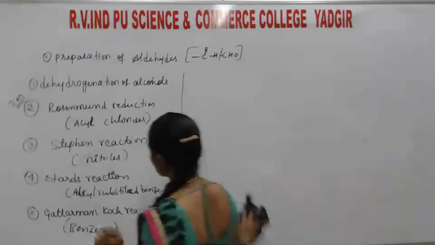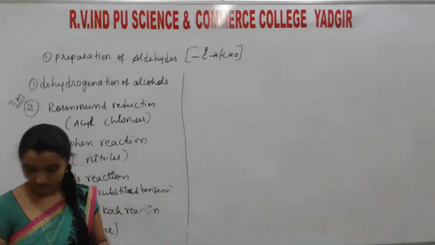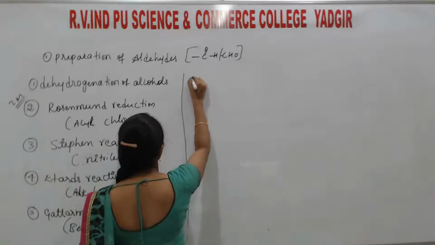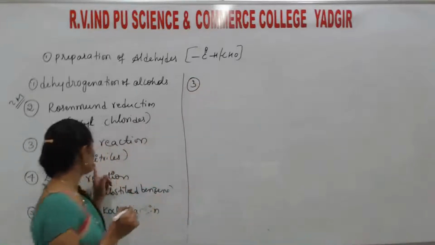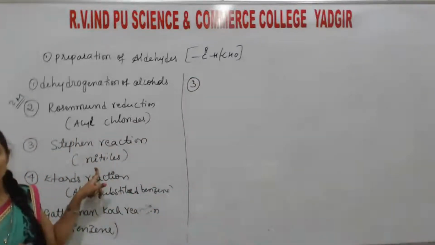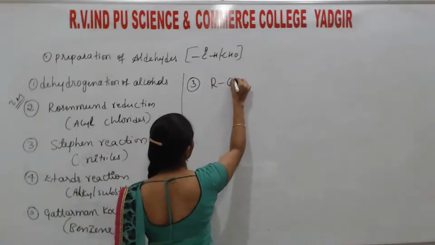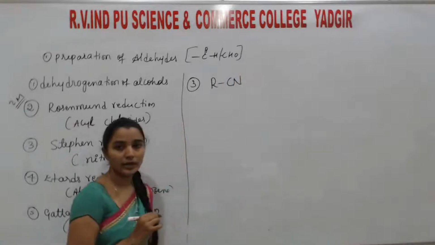So the next one is Stephen's reaction. Okay. So students, in this Stephen's reaction, nitriles are the reactive species, meaning RCN compounds, nitriles.